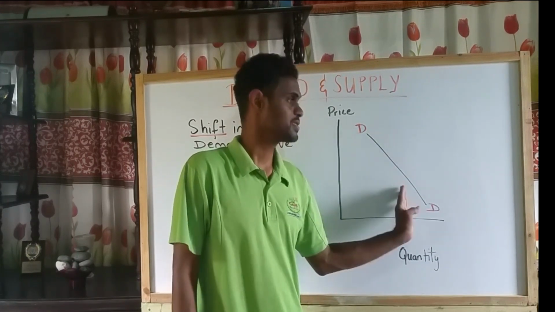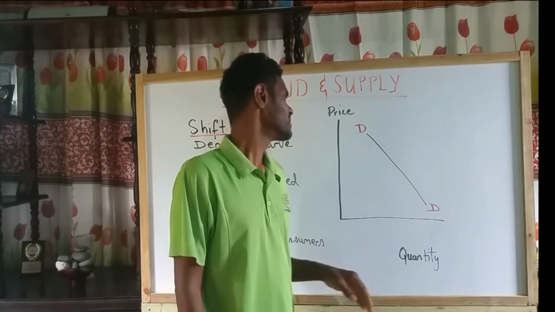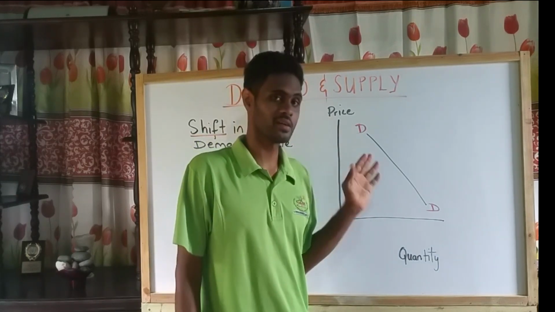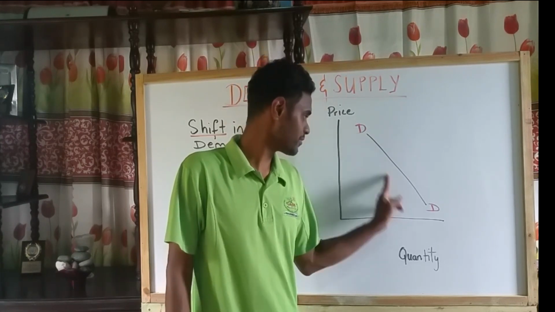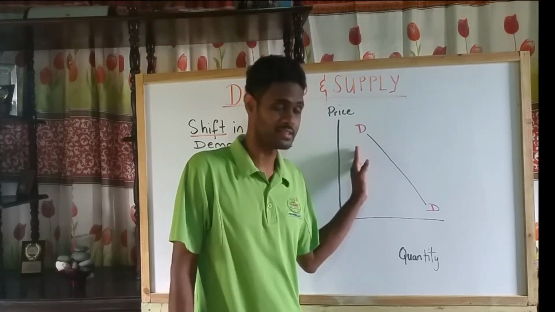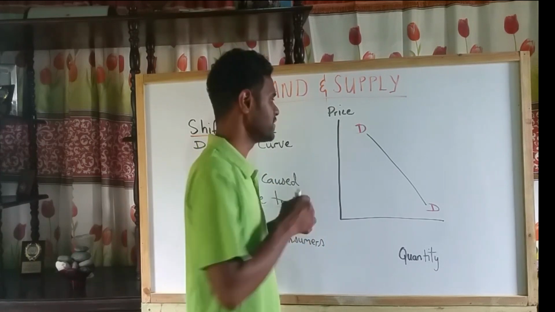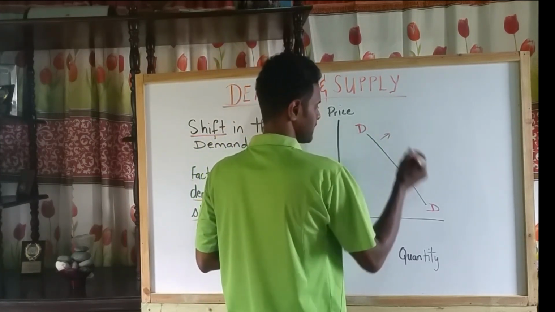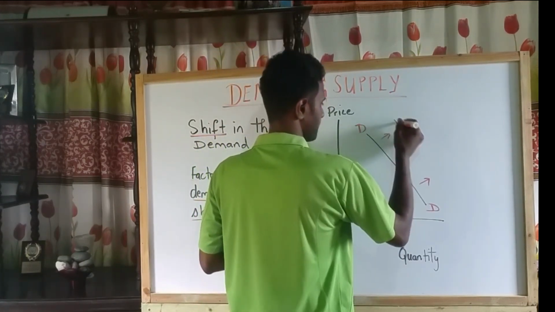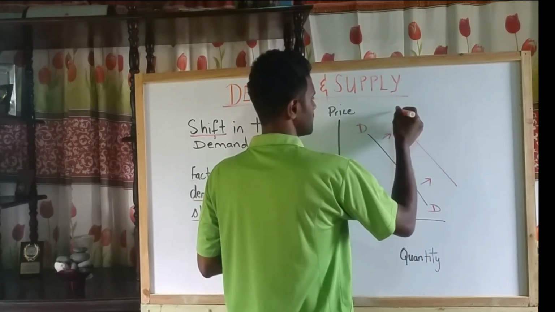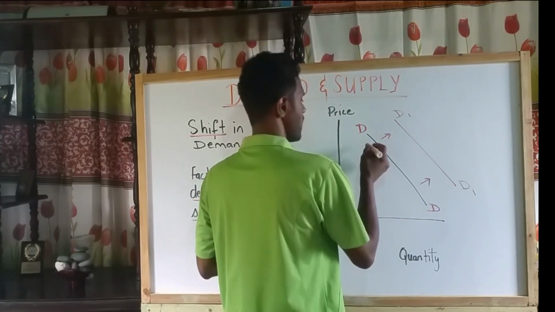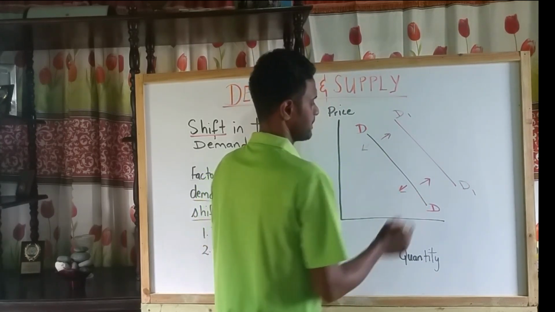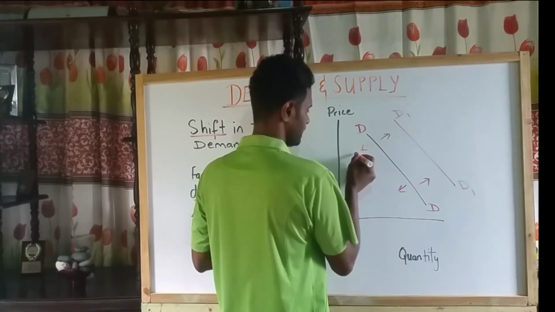Normally, economists label the original demand curve D. Now, the demand curve can shift to the right, and you can label that D1, or you can shift to the left.